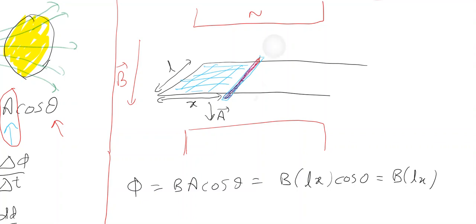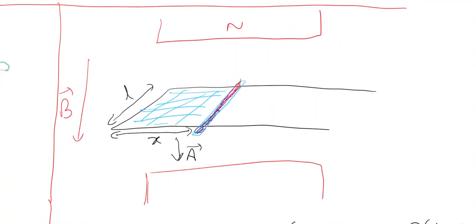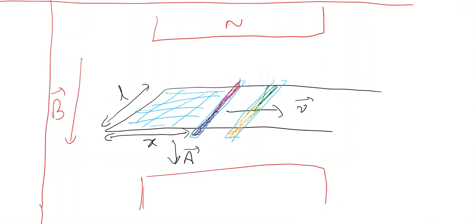Now, what if I move this rod with, say, velocity v? As I move the rod, suppose I take it to some point here, how far have you taken it? Let me consider that I have shifted the rod by a distance delta x.